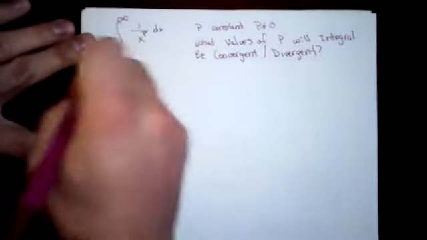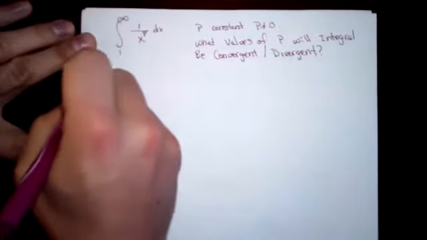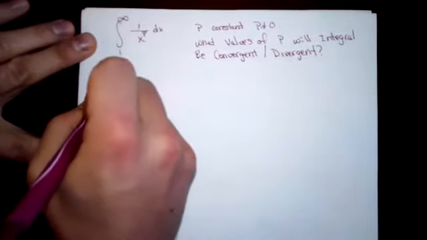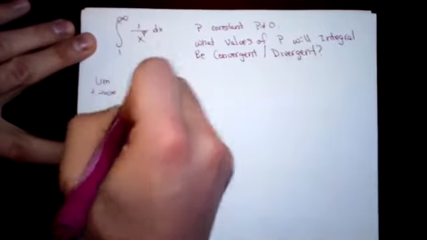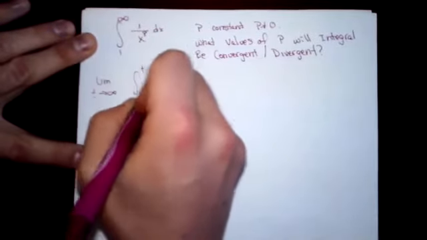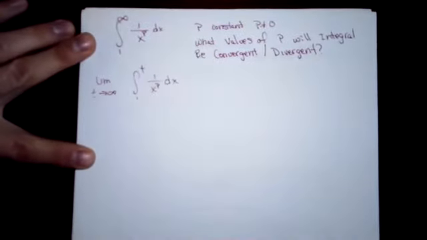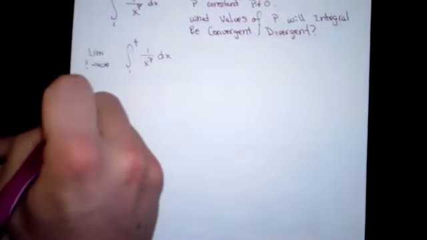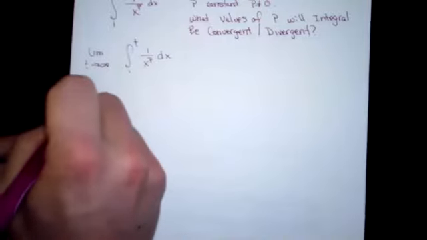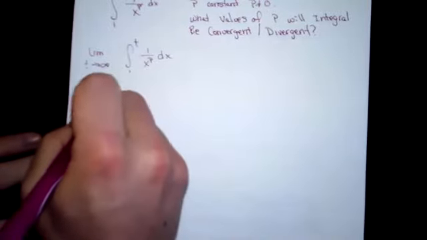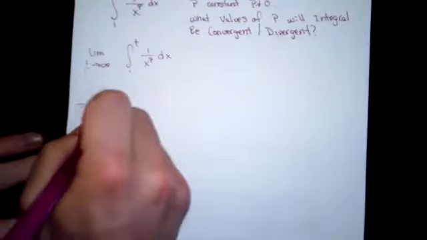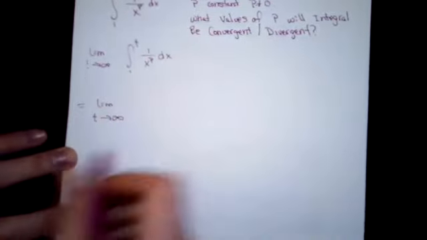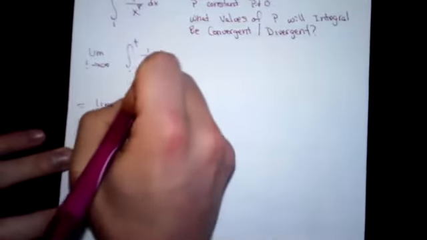Well, we solve it the same way we did the previous two. We've got the limit as t goes to infinity of the integral from 1 to t of 1 over x to the p dx. And now what is this integral going to be? This is going to be equal to the limit as t goes to infinity of, so we're going to have to split it into cases now.